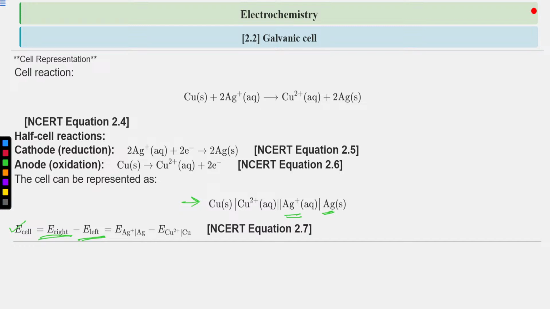So E of Ag+/Ag minus E of Cu2+/Cu. Okay, so this is how you can find out the potential difference of the cell. This E cell equation is NCERT equation 2.7 given in our NCERT textbook.